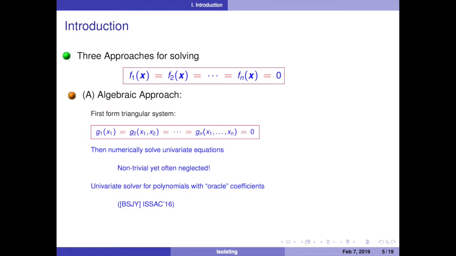You're solving a polynomial system of equations, and the first thing you do is transform this system of polynomials f1 to fn into, let's say, a triangular system, or something that's nice, but triangular is almost the global default. There are other things that people have introduced. A triangular system is, say, g1 to gn, where gi is a polynomial in the first i variables only. Then once you have done this, you solve it numerically. You solve the univariate polynomial for x1, and for each value of x1, you plug in here and solve for x2 and so on.